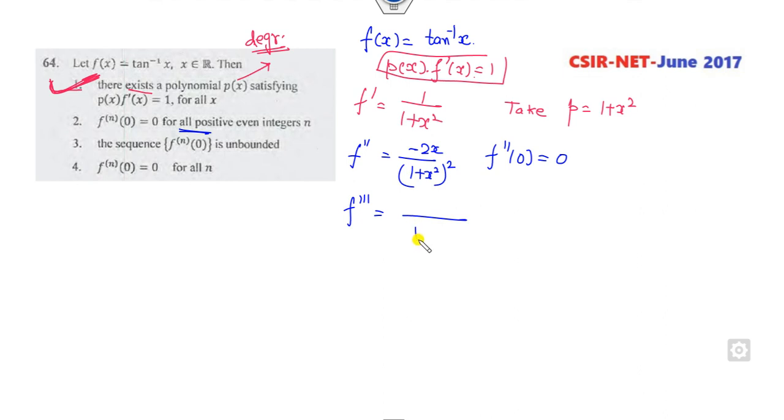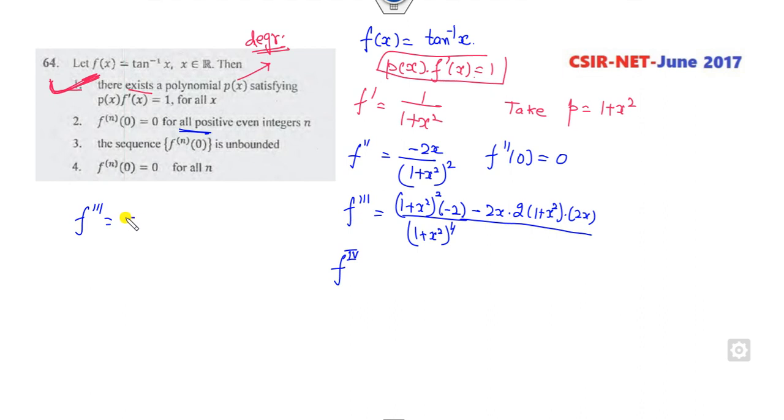I can simply take the third derivative in another manner: 2 over 1 plus x square, plus minus 2x over (1 plus x square) to power 2, taking u into v, and the second is minus 2 over the cube, and minus of 2x.